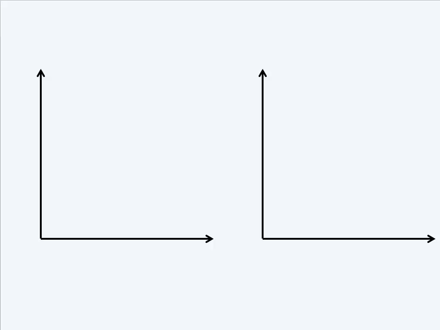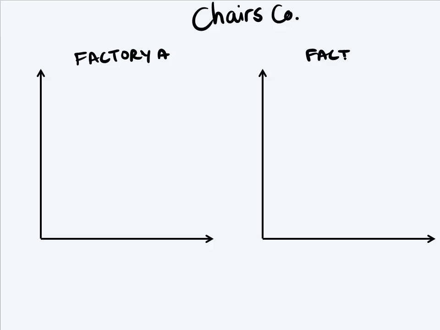Right, so first of all, let's just give you some background. Let's say you have a company that produces chairs. Let's call your company Chairs Company. Now you have two factories producing chairs, Factory A and Factory B. Now Factory A, we want to look at its marginal cost.